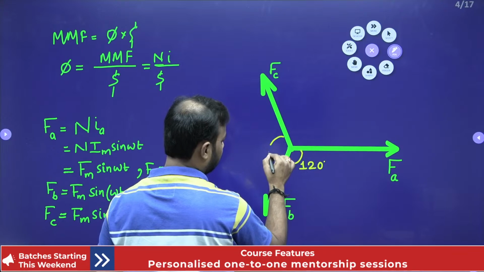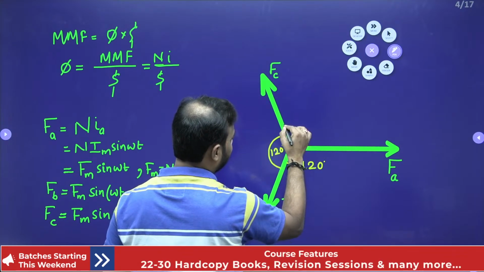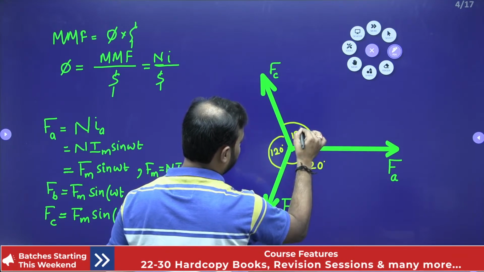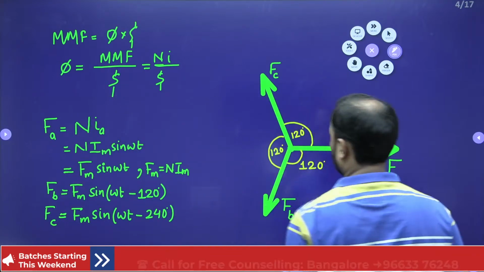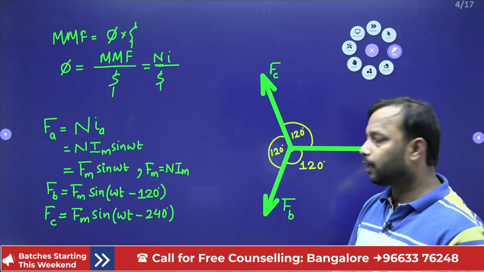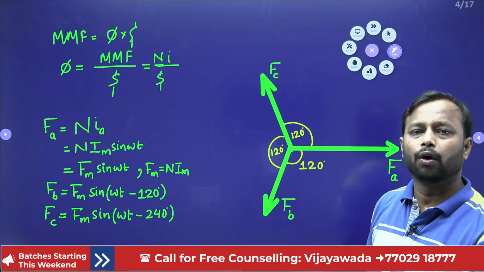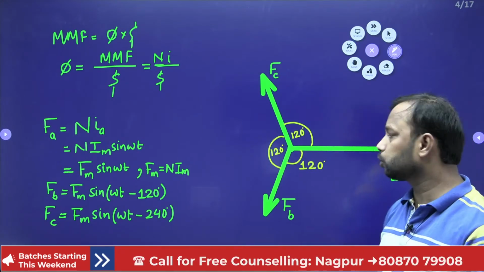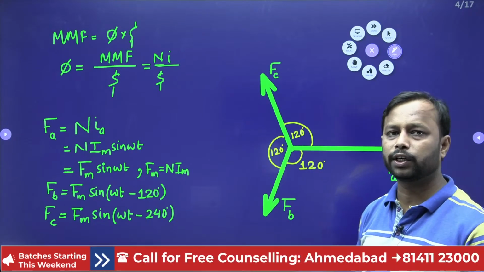Again, this angle is 120 degree, and similarly this angle is again 120 degree. Done? So what does it imply? It implies that the MMFs produced from the respective currents will also have a phase displacement of 120 degree with respect to each other.